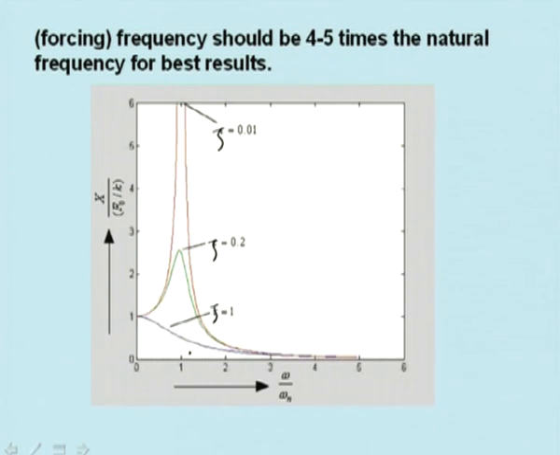However, if we have critical damping, then the magnification factor is always less than 1. That means if omega is very high compared to the natural frequency, then the magnification factor approaches 0.